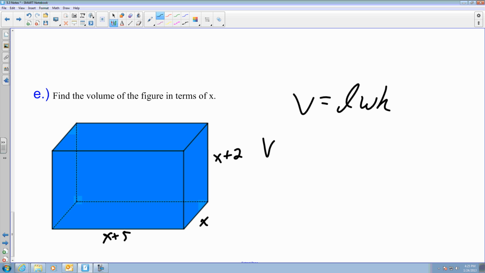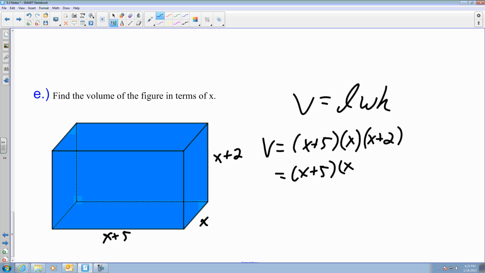So V equals x plus 5 times x times x plus 2. I'm just going to FOIL out x plus 5 and x plus 2 and then save my x for later. So I'll FOIL this out.